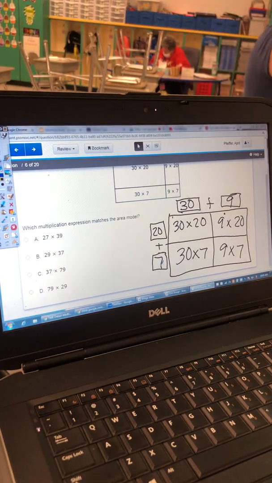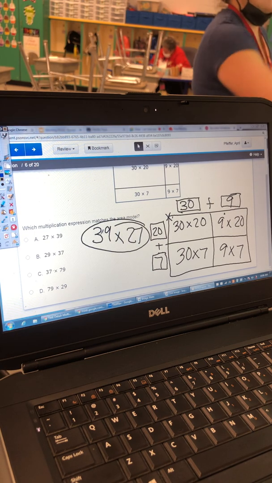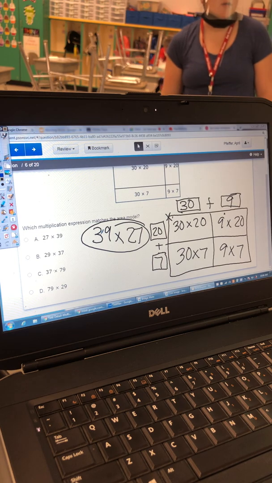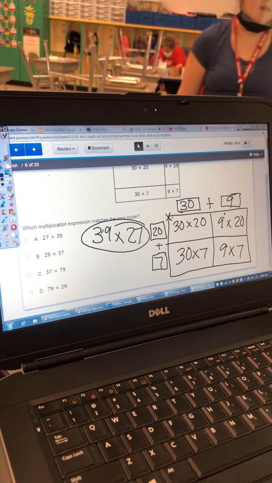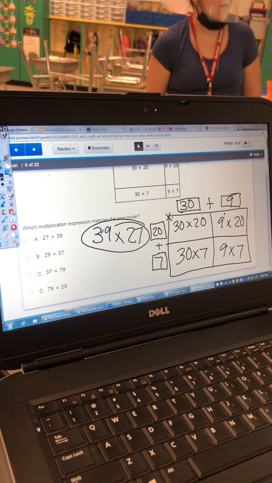So now I'm going to change 30 plus 9 to what? 39 times 20 plus 7 is what? 27. So my problem is 39 times 27 or 27 times 39.